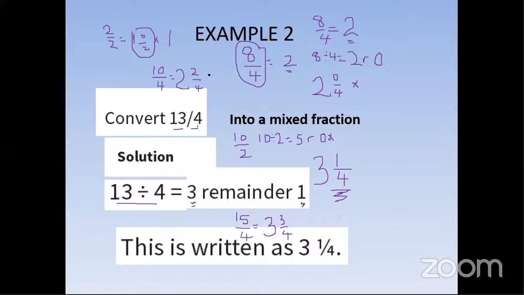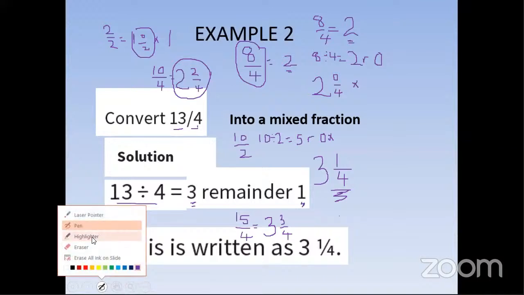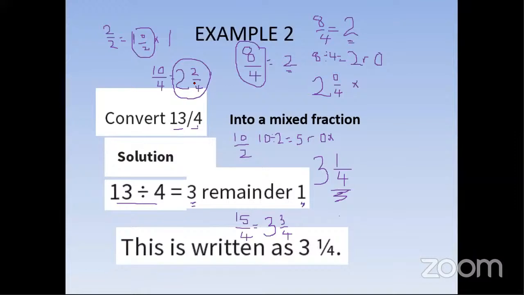Do you reduce that? No, do not reduce this value here. And I want us to prove why we cannot reduce. Let's look here. If you convert 10 out of 4, you get 2 whole numbers, 2 out of 4. Now, if you reduce, you will never come back to this one again.